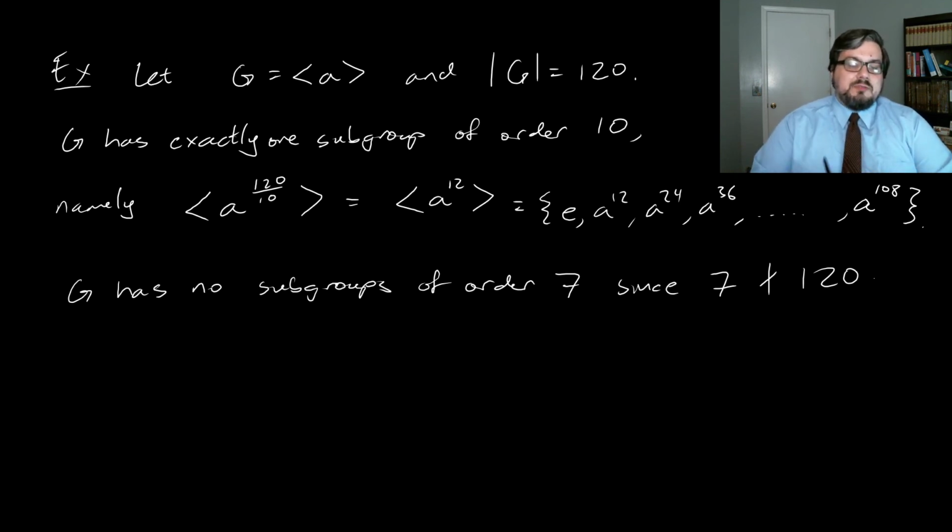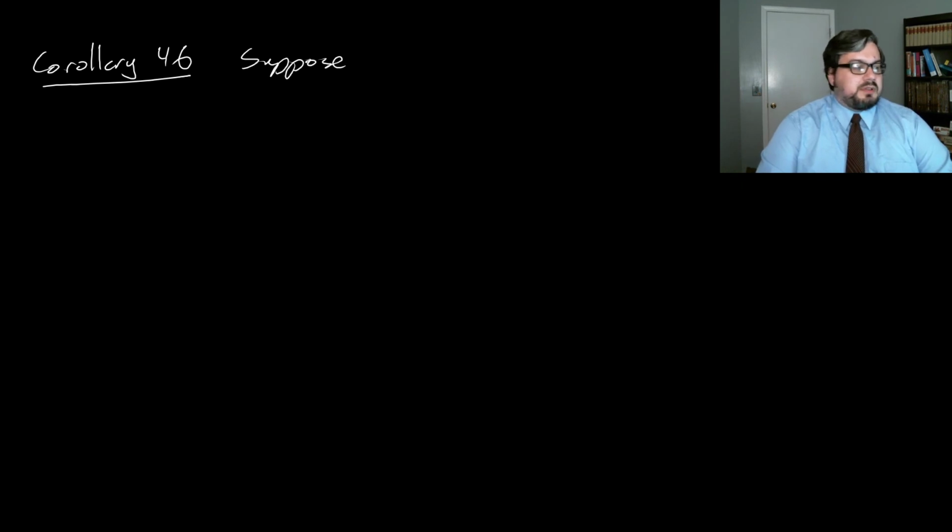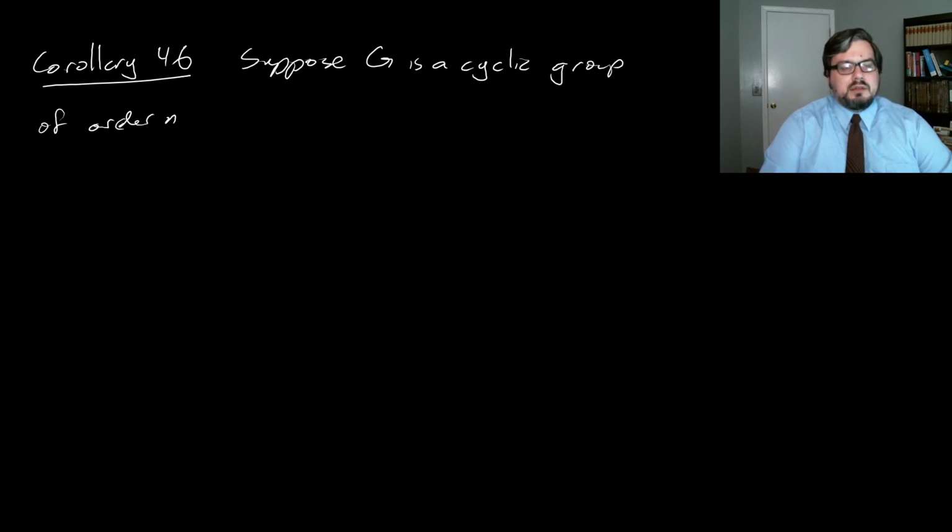We can even work a little bit further here and get another numerical description of how many generators a cyclic subgroup has. Corollary 46 is the last result we're looking at here. So suppose that G is a cyclic group of order n, and let's suppose that D is a divisor of n.